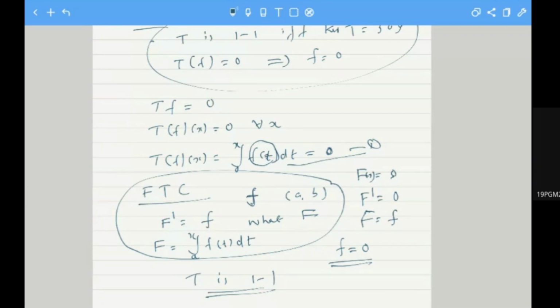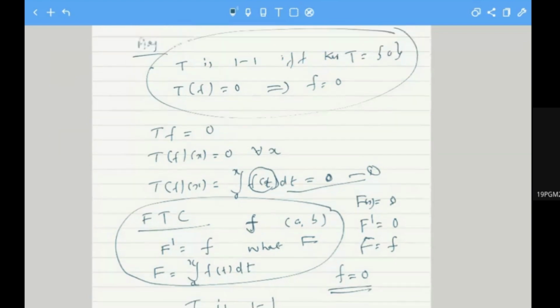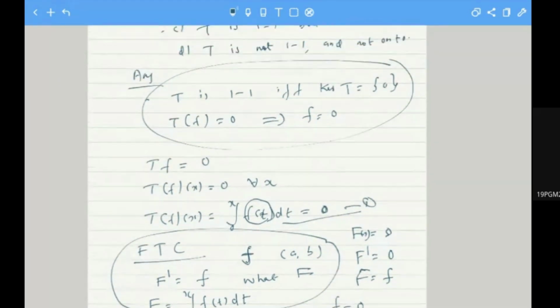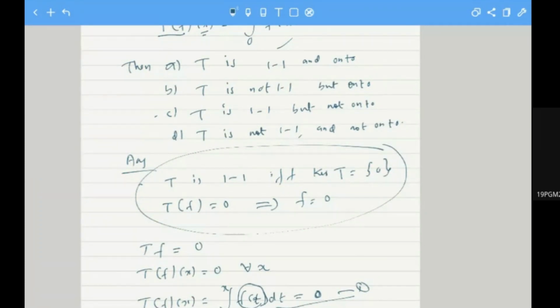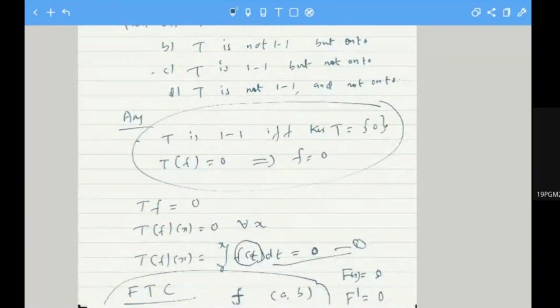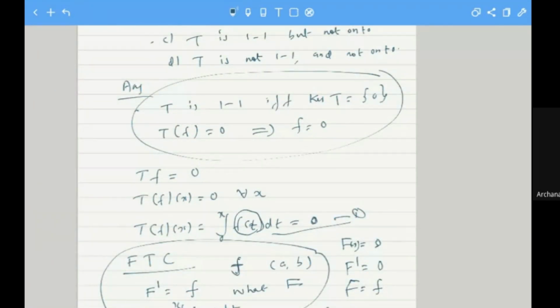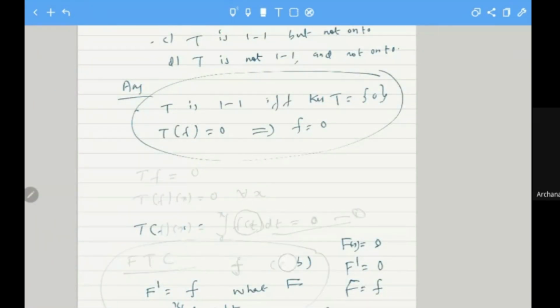I hope it is clear to all of you. Now look at whether T is onto. Not onto. How did you conclude that it is not onto?